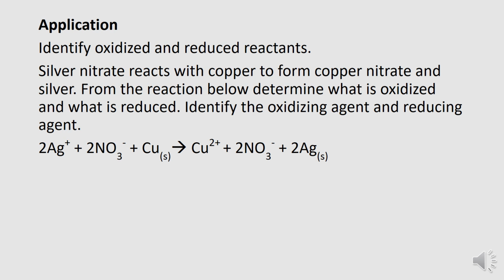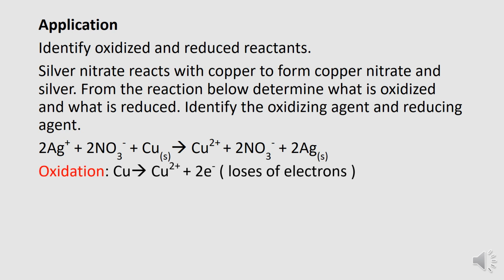Now, the first question is, what is oxidized? Think about it. Which one is oxidized, silver ion or copper? For sure it is copper. Let's see here. Oxidation, we write it as copper loses 2 electrons, we put it on the product side, and this copper becomes copper 2 ions.